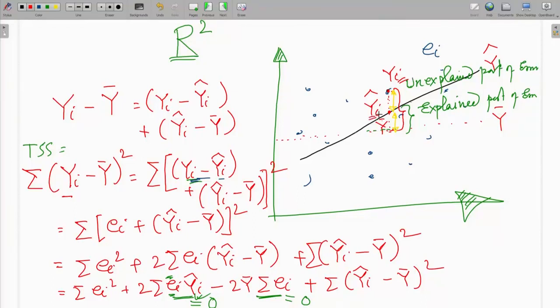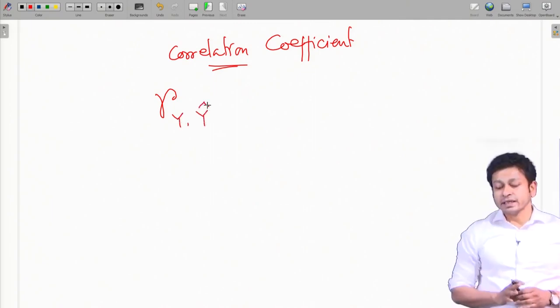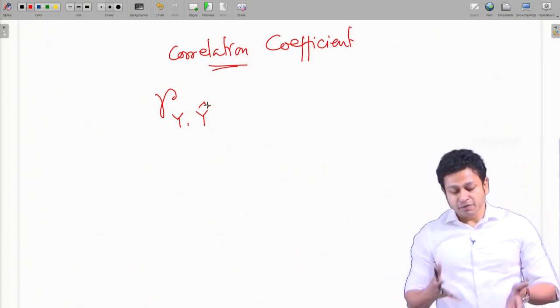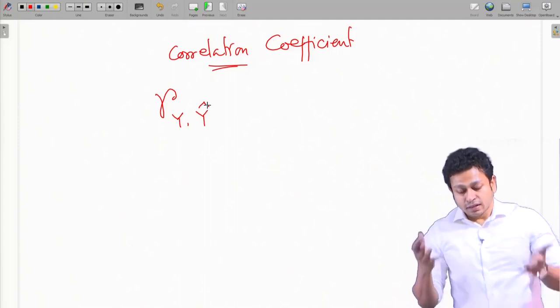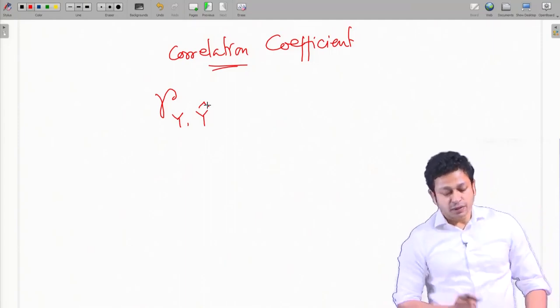Essentially, through the correlation coefficient, I want to see the relationship between y and y estimated, that is, how well my y estimated is performing as far as the estimation of actual y is concerned. That is what we are trying to understand.